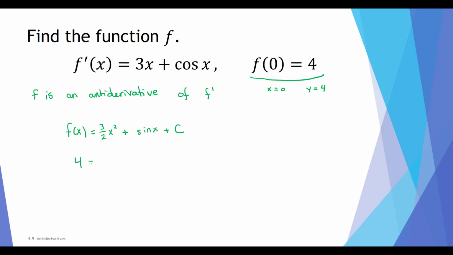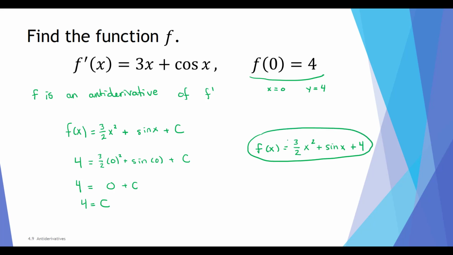So 4 is equal to 3/2 times 0 squared plus sine of 0 plus c, which means 4 is equal to 0 plus c, because sine of 0 is 0. So c is equal to 4. So overall, our function f of x is 3/2 x squared plus sine of x plus 4.